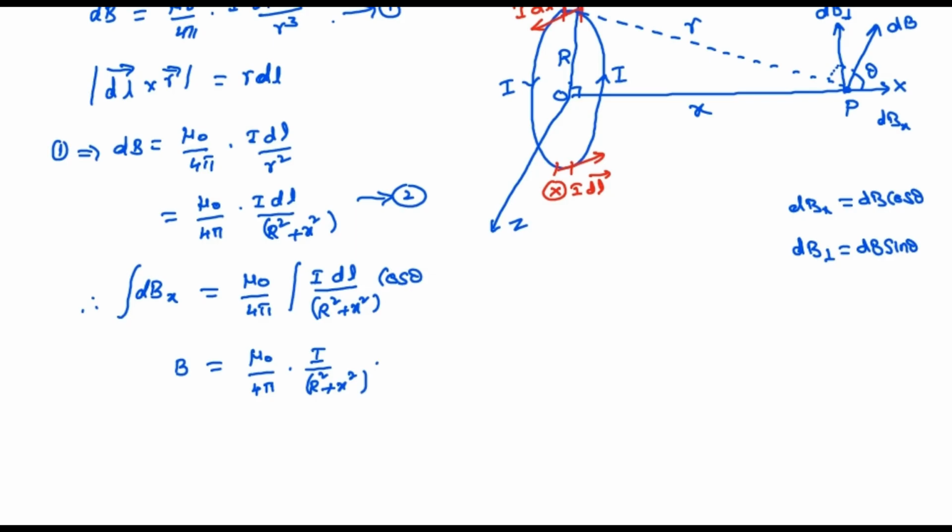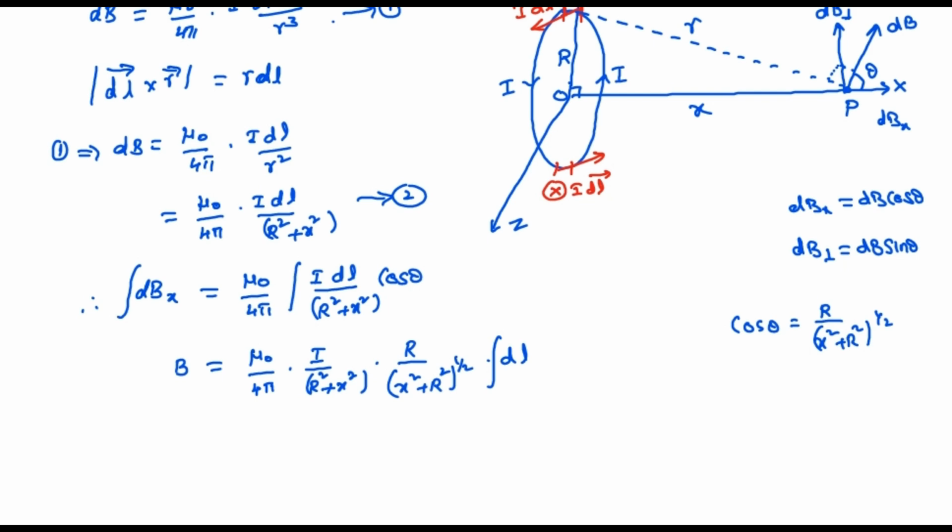We can write the cos theta value will be R by x square plus R square whole power half. So we get cos theta into dL integral, where cos theta is equal to R by x square plus R square whole power half.